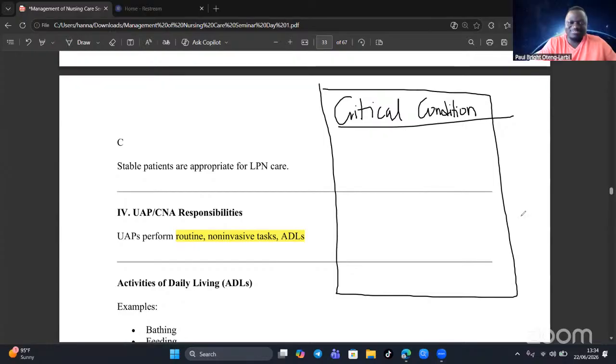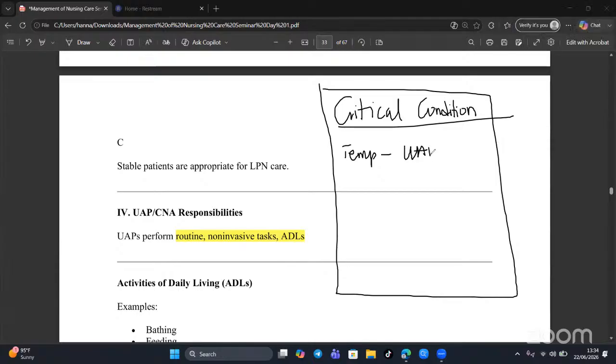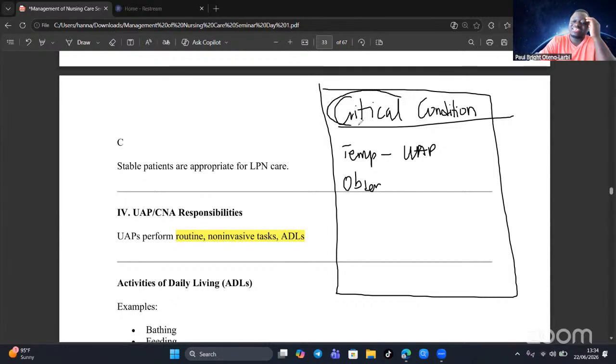In a critical condition, can temperature, or let's say observation generally, be assigned? No. Observation is a big part of the RN's work. Once the patient becomes critical and unstable, the LPN does not even have the right to do it, let alone UAP.